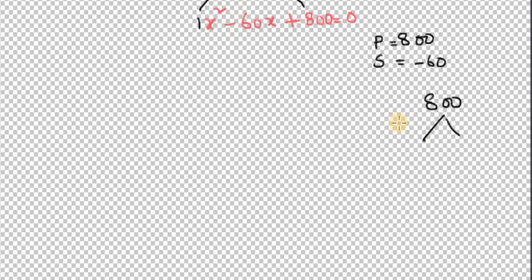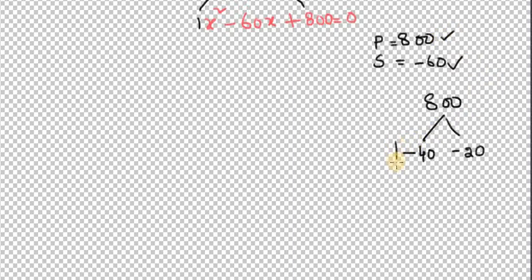The only possible way is minus 40 into minus 20. The sum is giving us minus 60, yes, and the product is giving 800.